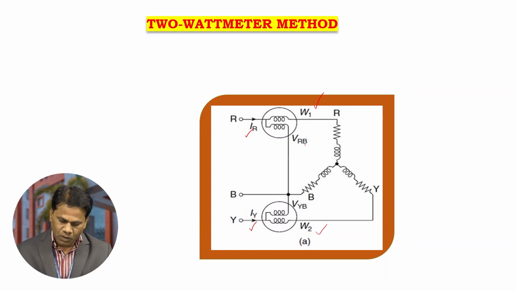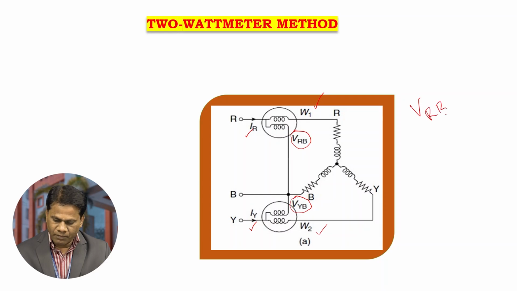VRB is the line voltage between the R line and B line, and VYB is the line voltage between the Y line and B line.